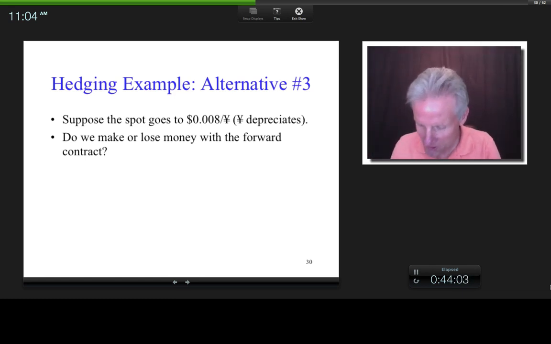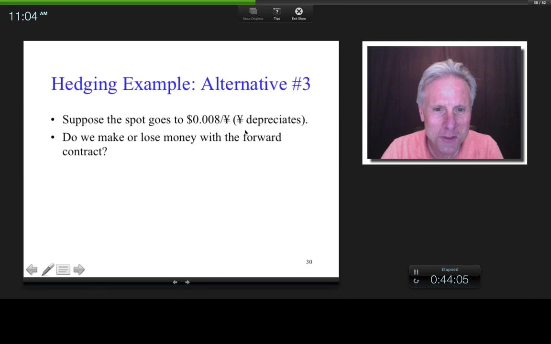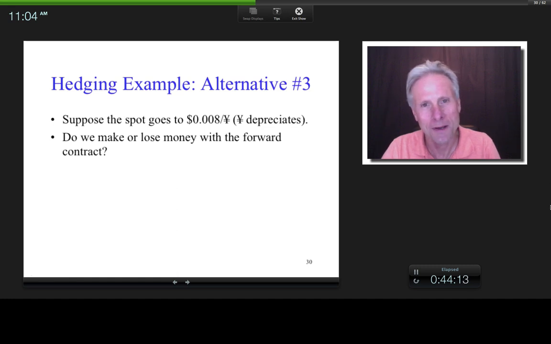So when you're long something, and that something goes down in value, in this case the yen has depreciated, have we made or lost money? We've lost money, right? Just like buying Apple stock at $550 a share and Apple stock goes down to 500, is that happy face or sad face? That's sad face, right?